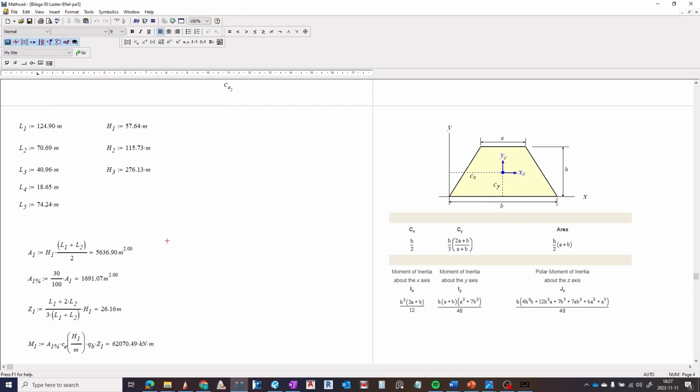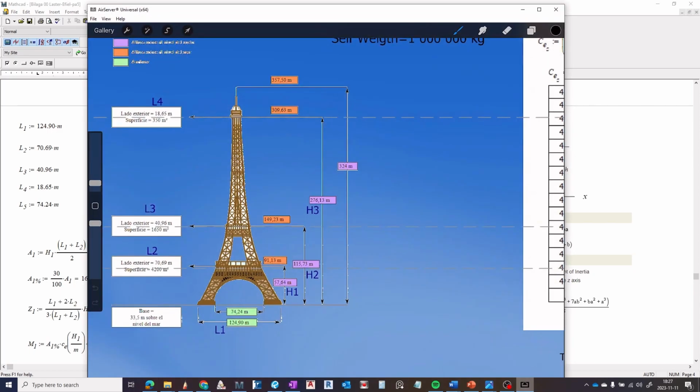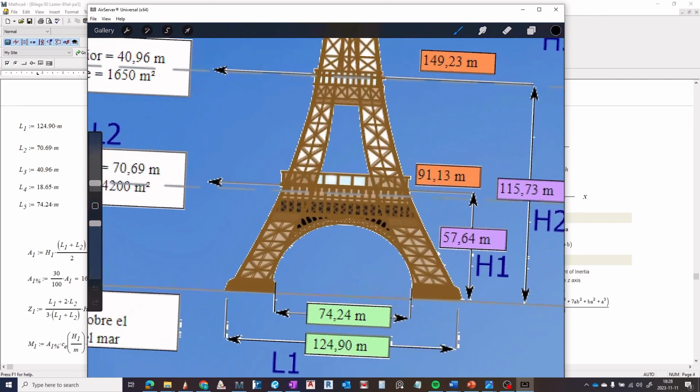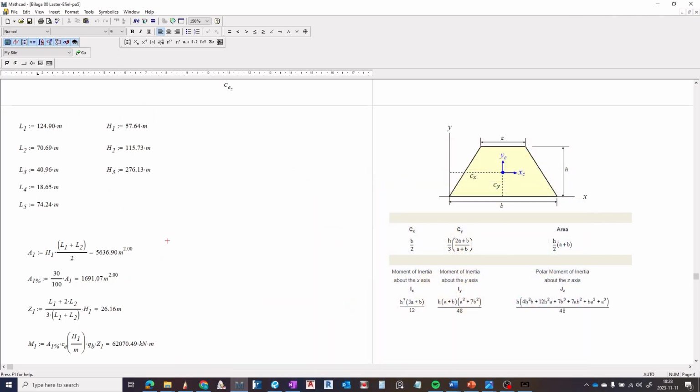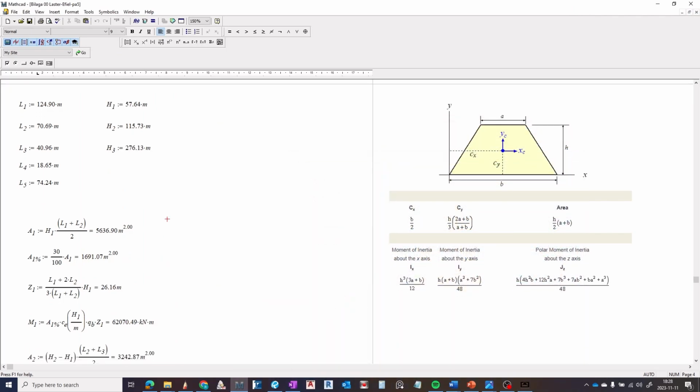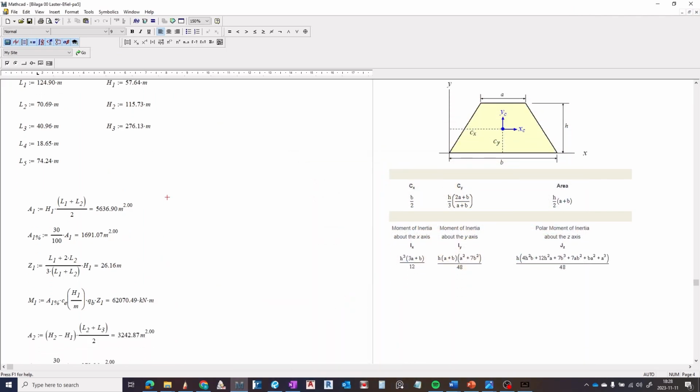So if we get back to this picture, we see at the first area here we have an open space, for which I made an approximation that the influence of the wind in the horizontal or lateral direction would be only 30%. So you take 30% of this area.